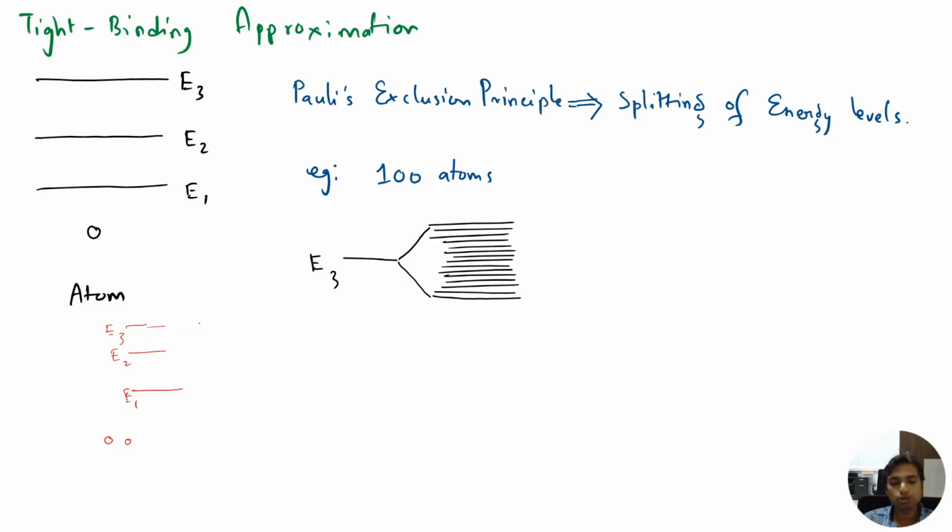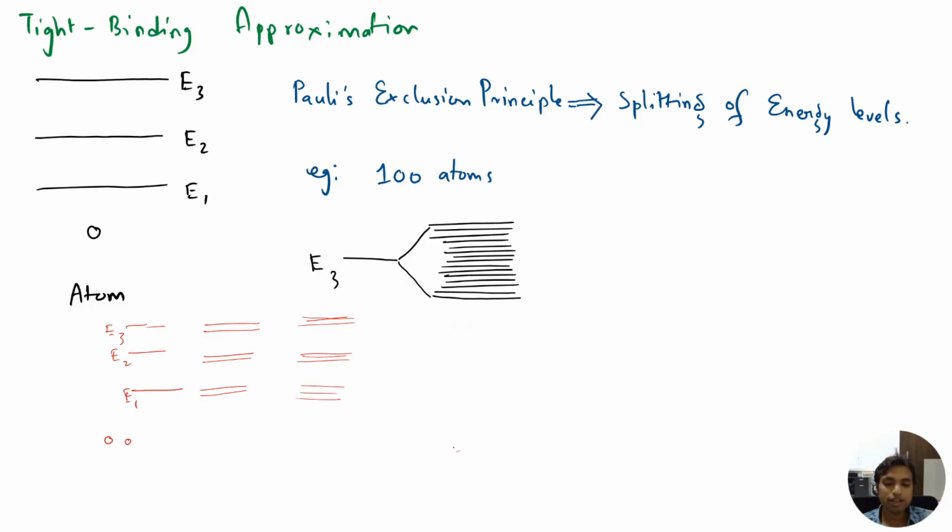If you bring them close together, each will split into two, like this. If you bring three atoms, it will be 1, 2, 3. These will be very, very closely spaced.